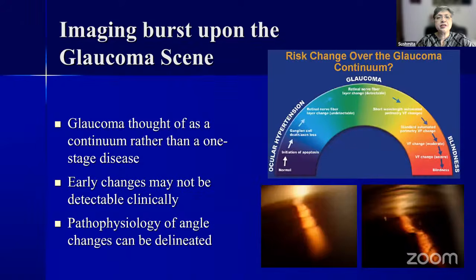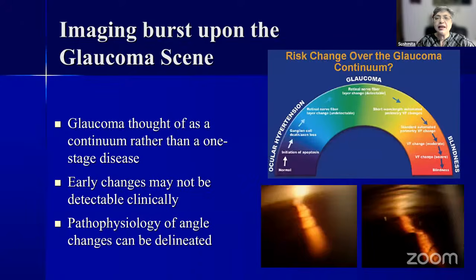So imaging burst upon the glaucoma scene almost 3 decades ago, in the early 90s, when glaucoma was recognized as a continuum, and we've all seen Robert Weinreb's famous color-coded picture on that, where glaucoma is thought of as a continuum rather than a one-stage disease.